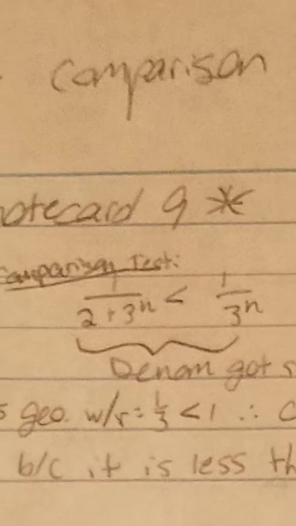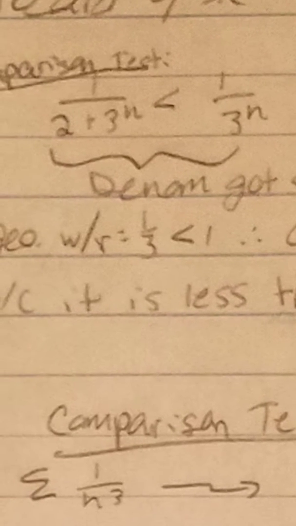Therefore, this converges. Remember, a sub n, our given function, was smaller than a converging function. Therefore, it converges also. Does that make sense? I sure hope so, because I'm asking a rhetorical question. That's all I got to explain it. If it doesn't make sense, perhaps you should check out another video.